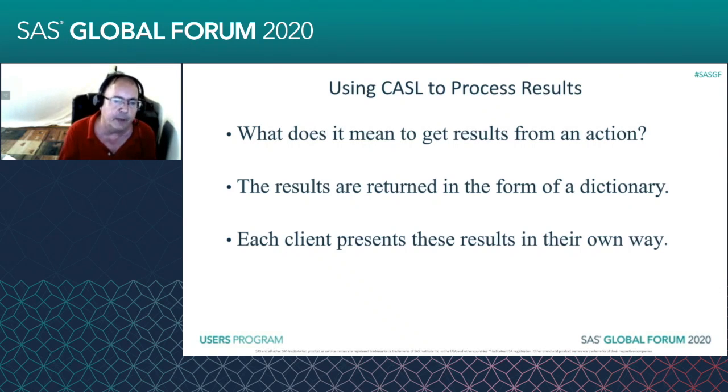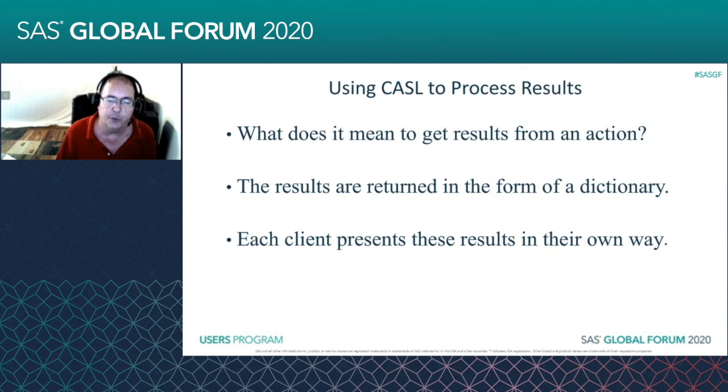The most prevalent result you'll get back is an action table. We call it a result table. The result table is essentially what you would think it would be in relation to a data step. It has rows, columns, data types, and formats, and they come essentially in a two-dimensional form. You've got rows from 1 to n, and then you've got columns that have names.